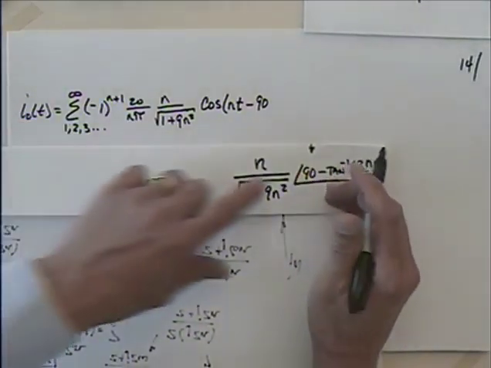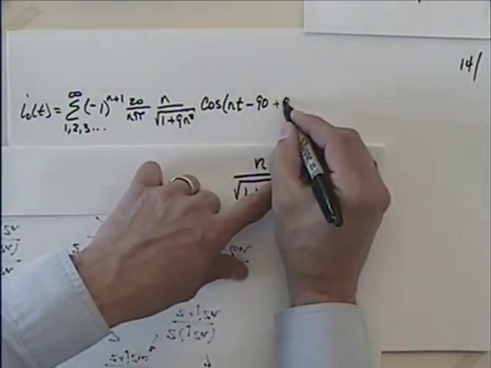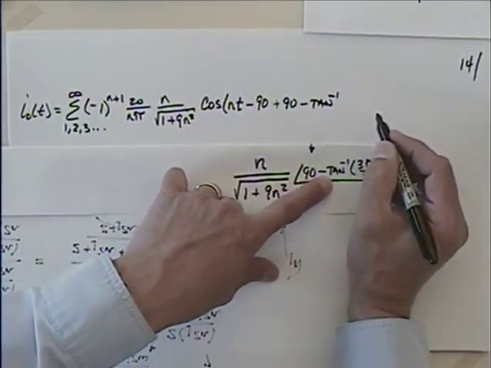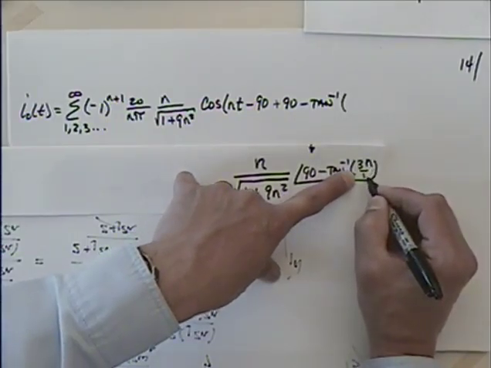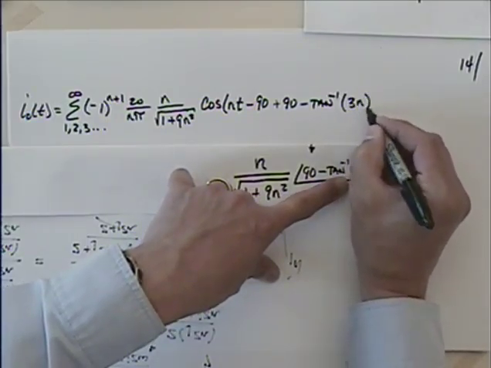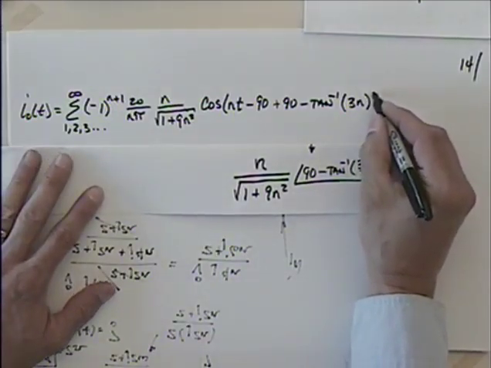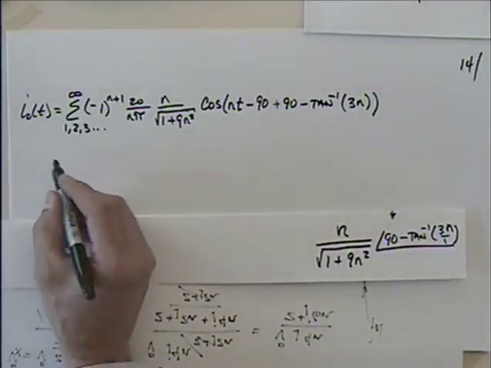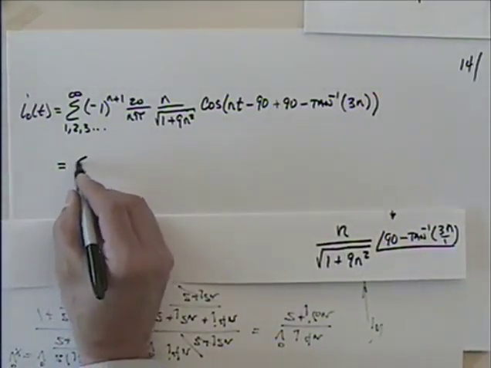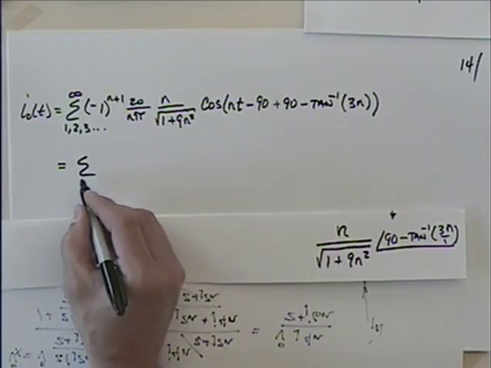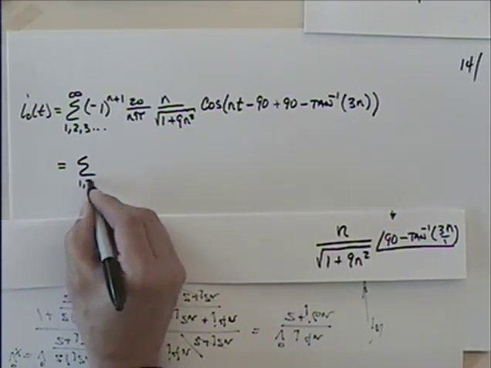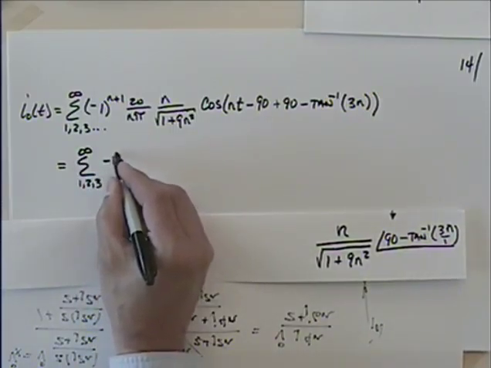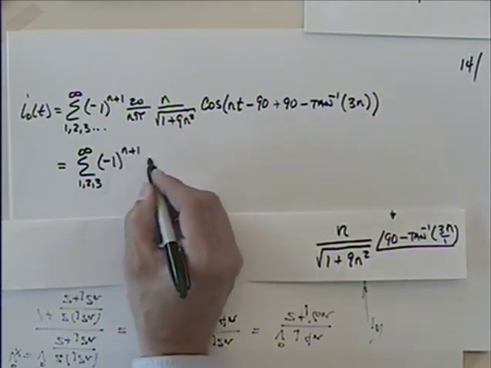And then I've got this. I need to modify this angle. I'm going to add 90 and subtract the arctangent of 3n over 1. I'll just write that as 3n. Okay. So I should be able to tidy that up a little bit. Now we still have this n plus 1.